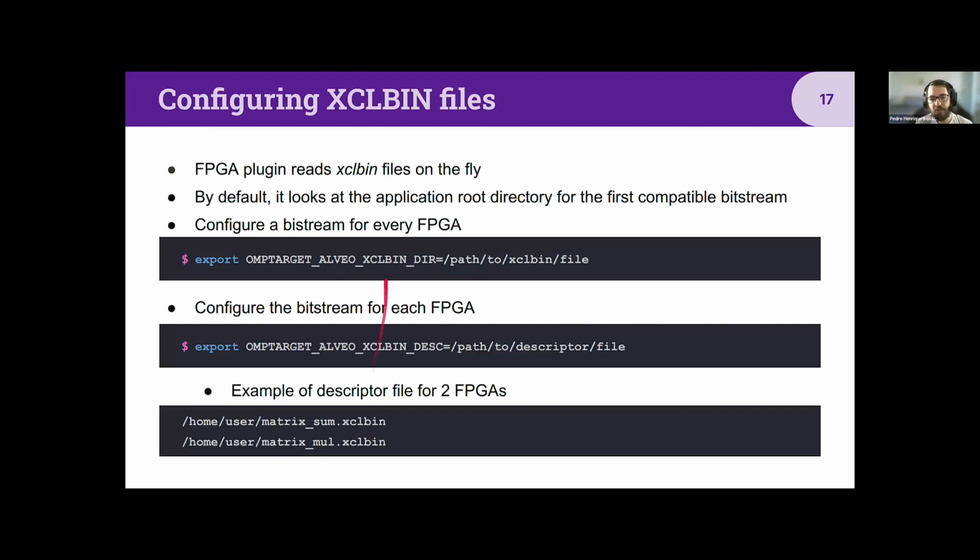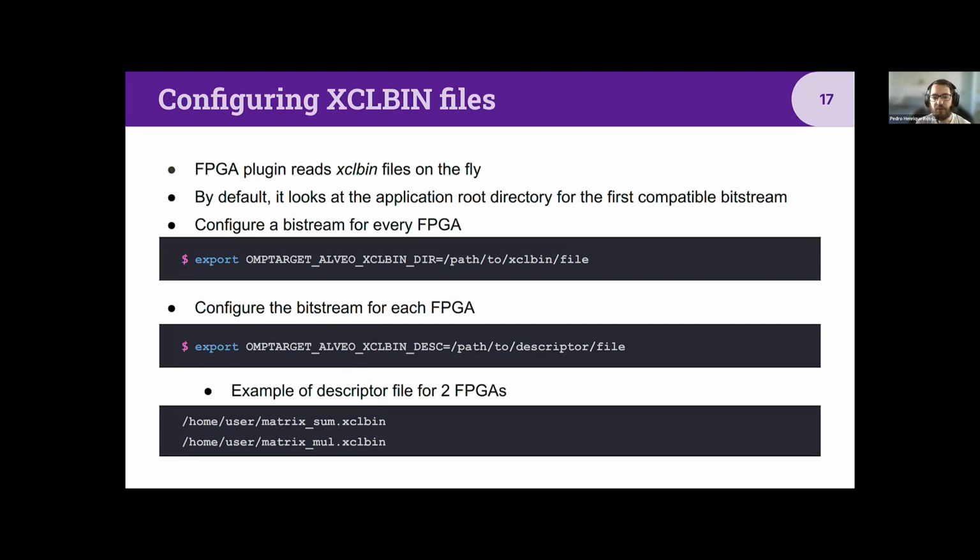So the last thing about the plugin is how we use the XCLBIN files. By default, if you have an application in a folder in your server and you put an XCLBIN file to the side of the application binary, it's going to use it if it's compatible with the FPGAs you have in the system.